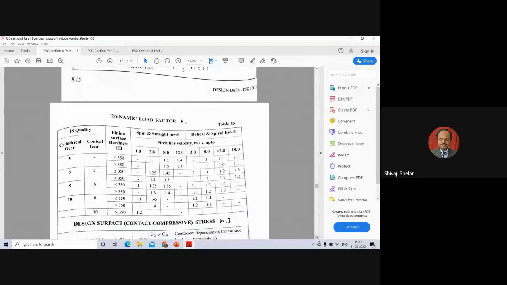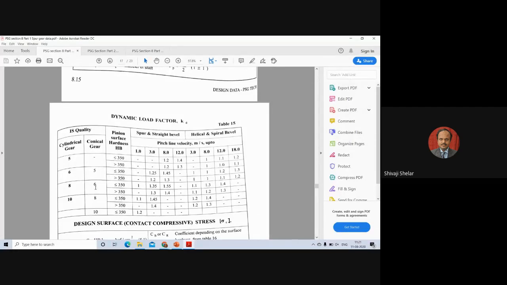Now pitch line velocity. If you see the RPM here, RPM is large. Yesterday I told, when the RPM is greater than 800 RPM, normally you could take pitch line velocity in the range of 8 or 12 meters per second. Since our RPM is around 1200, we will consider the pitch line velocity around 8 meters per second.